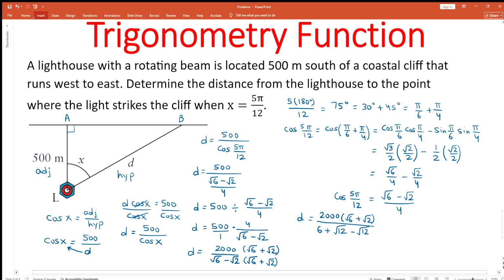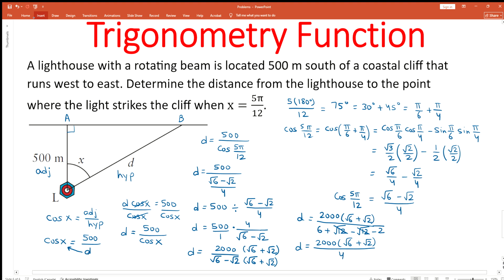And then we do negative square root 2 times positive square root 2, which is equal to negative 2. Next, we can combine like terms in the denominator. We should keep the numerator expression in factored form so that we are able to reduce the fraction if possible. In the denominator, square root 12 and negative square root 12 cancel each other out. We are left with 6 minus 2, which is equal to 4.